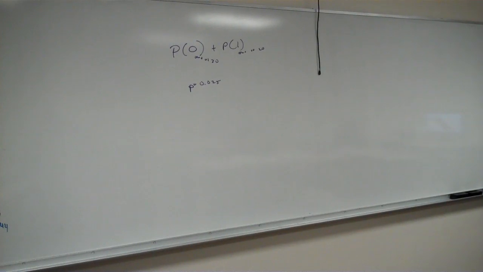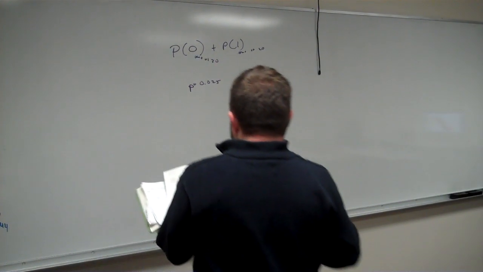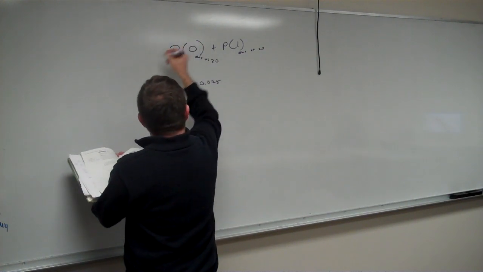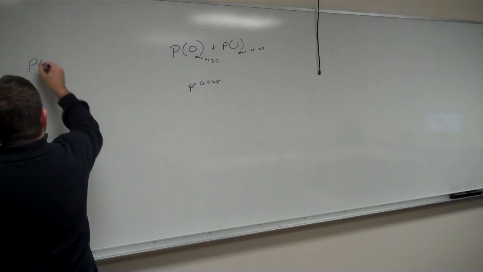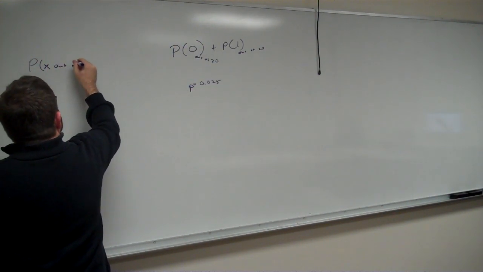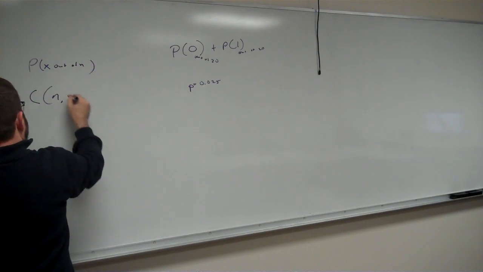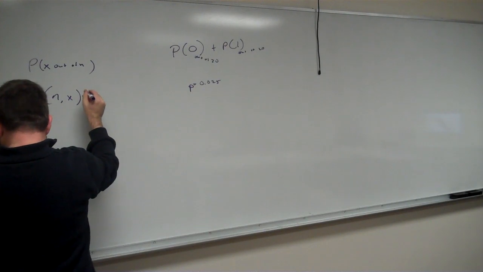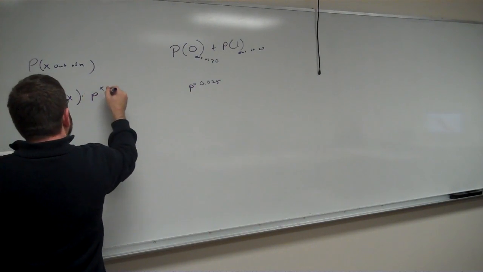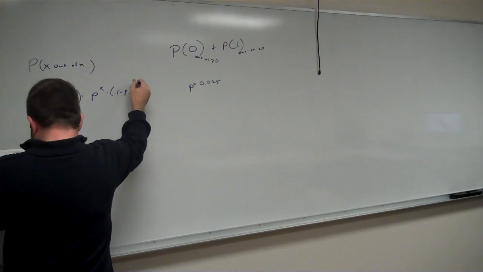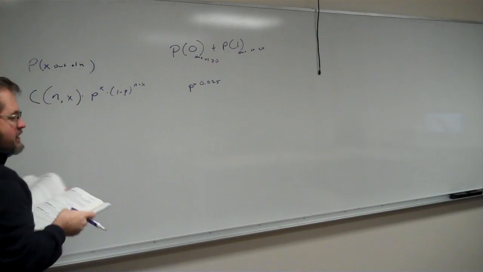Okay, so the probability of x successes in n trials is combinations. Here, let's actually write this. So the probability of x out of n is combinations of n comma x times p to the x times 1 minus p to the n minus x.